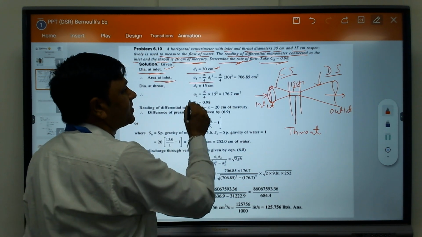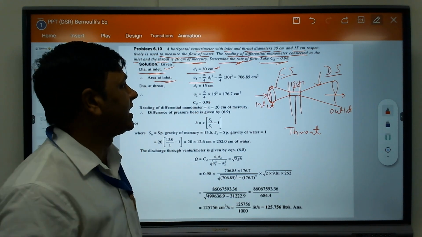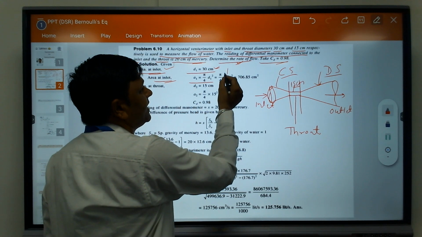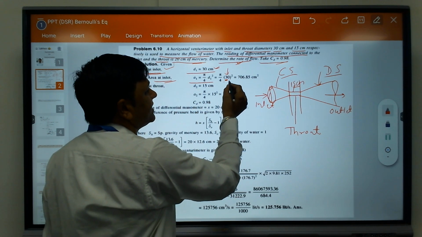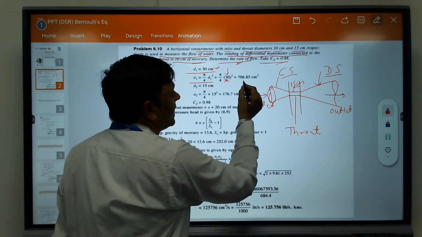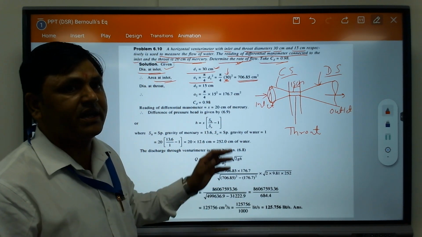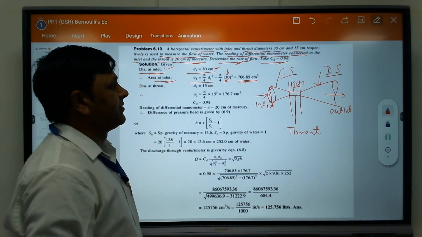Area, you know, is pi by 4 d square, or you can say pi r square. Pi by 4 d1 square, putting the value of d1 as 30 centimeter, and after calculating we will get the area at the inlet as 706.85 centimeter square. Now converting into meter.